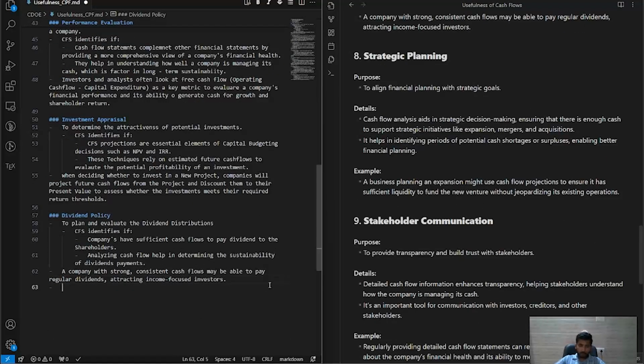Then it is also helpful in the strategic planning. How it aligns financial planning with the strategic goals.